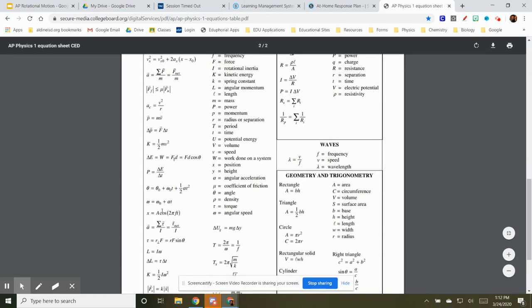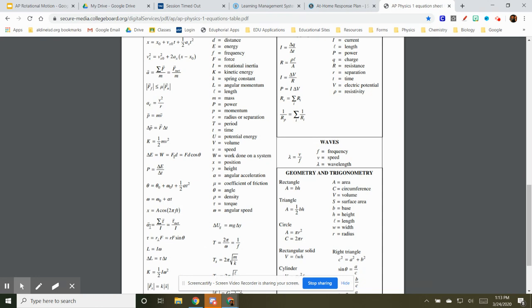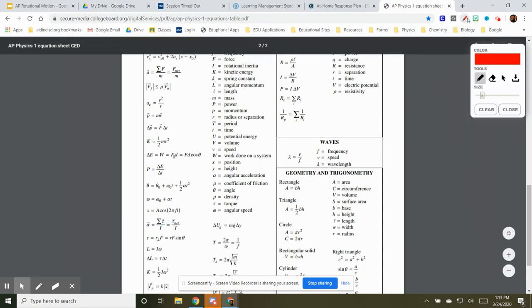I just pulled up the Advanced Placement Physics 1 equations, and I want to point some stuff out to you. Right here, let me make a page marker.